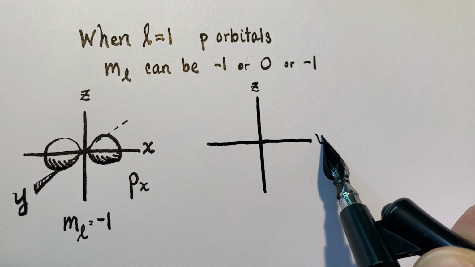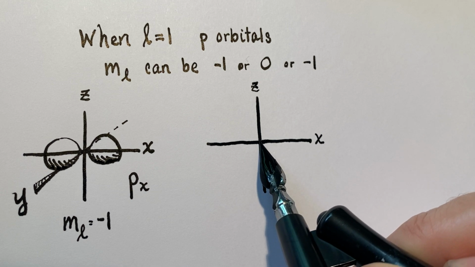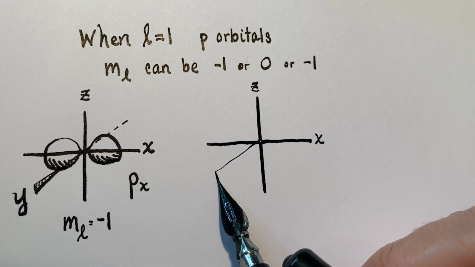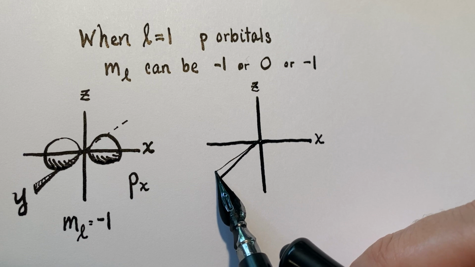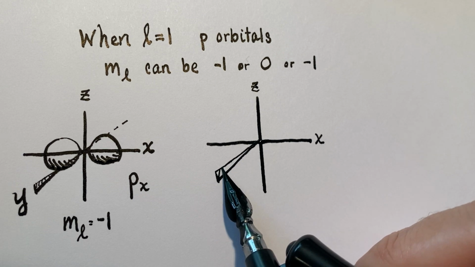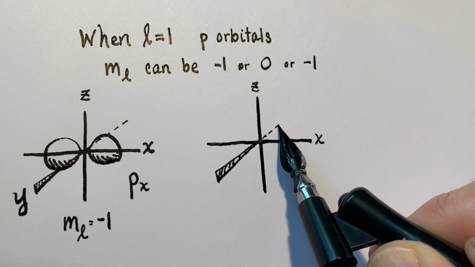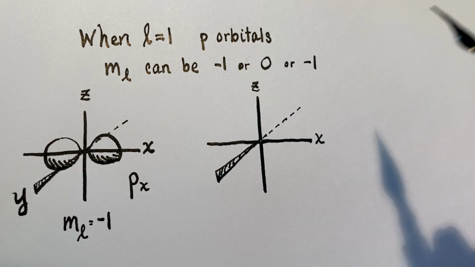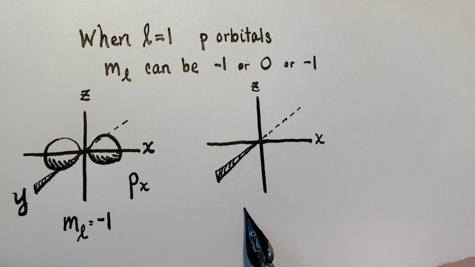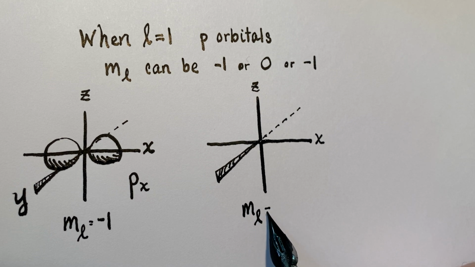Again, here's our y coming out. This is supposed to be coming out towards us, out of the paper. Going here, going back behind. Okay. So this m sub l equals 0.